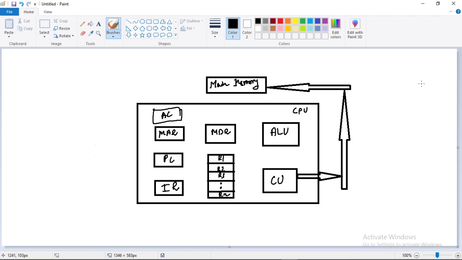By using the control signals, the ALU will perform the particular operation, and with respect to that operation, the ALU will execute the task.